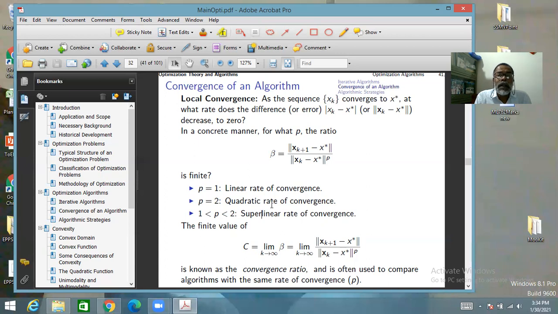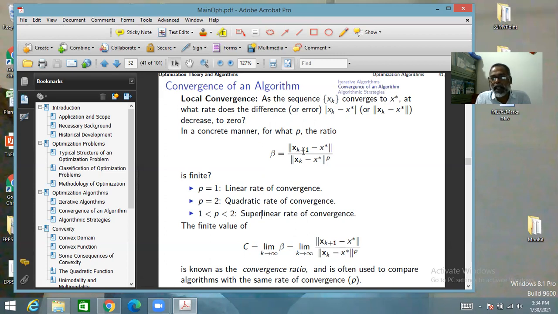Then after you have found that p, whatever would make this finite, if you insert that p, then you get beta. And that also may depend on k. Then as k tends to infinity, what is the limit of that beta, after putting the value of p? That limit is known as the convergence ratio.